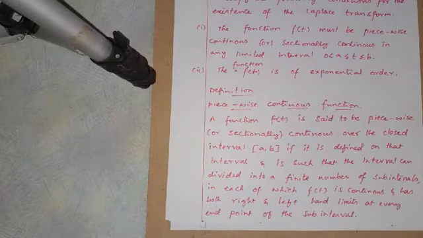For example, in the previous classes, when an interval is given like from 0 to infinity, we have taken the integrals from 0 to 1 plus 1 to infinity. The endpoints here are 0 to 1 and 1 to infinity, and those are the subintervals. In that way, we take piecewise continuous.